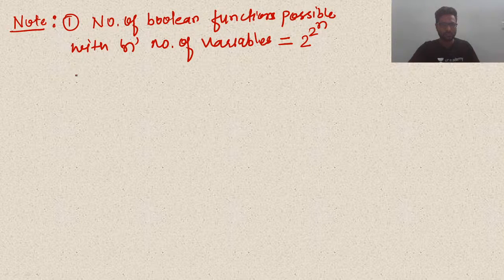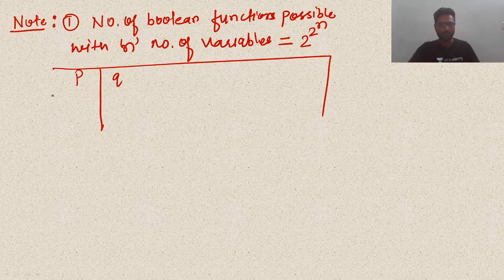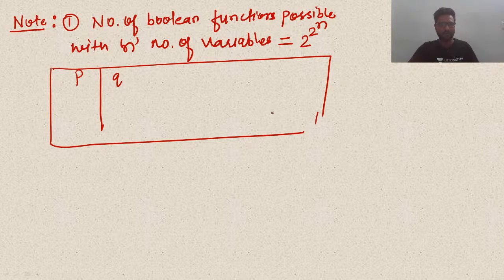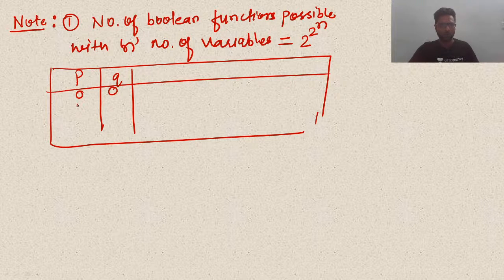Why? Because let us consider two variables P and Q. There are four possibilities: 0 0, 0 1, 1 0, 1 1. One function can be, let's say, P or Q, which gives 0, 1, 1, 1.